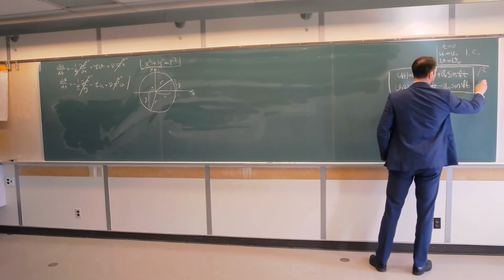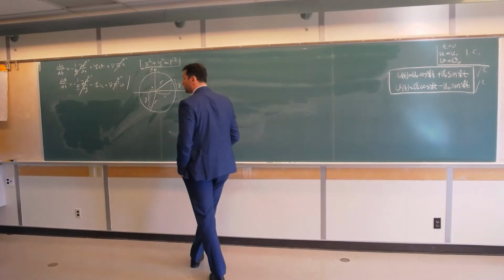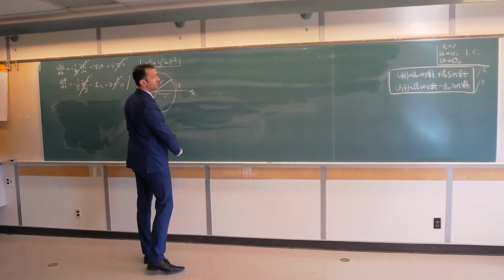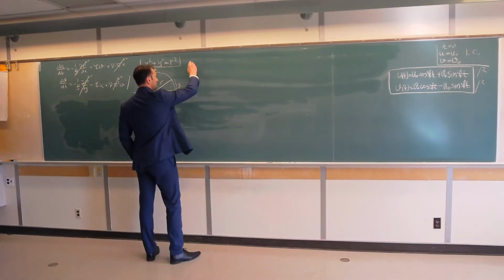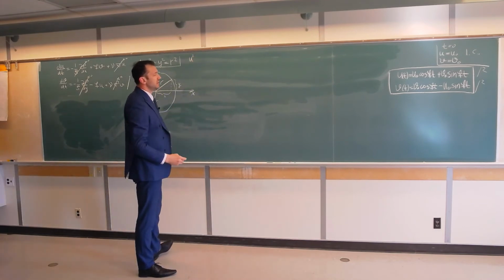Now to do that, I will square the first equation, and I will square the second equation, and then I will add them together. So let's do that over here. The first equation squared will give me u squared. I will omit u squared of t for shortness.